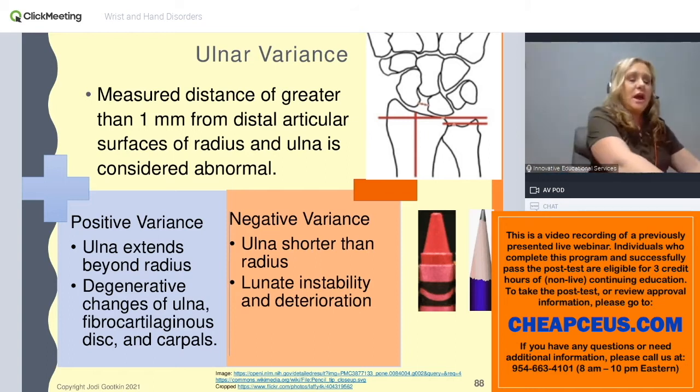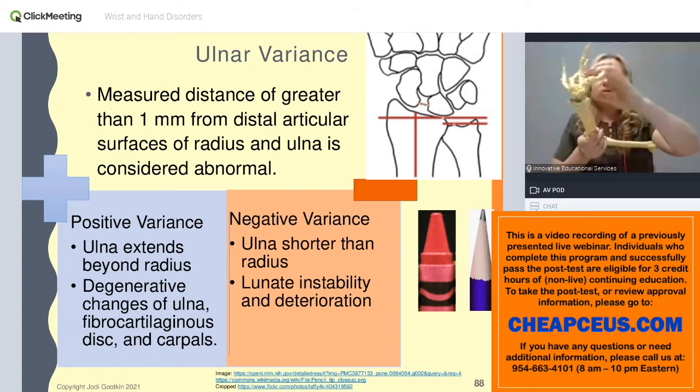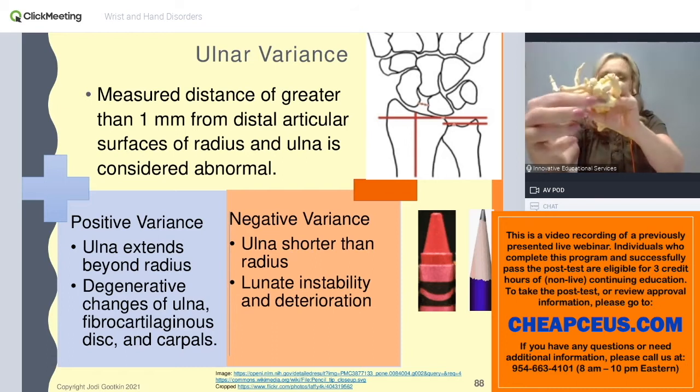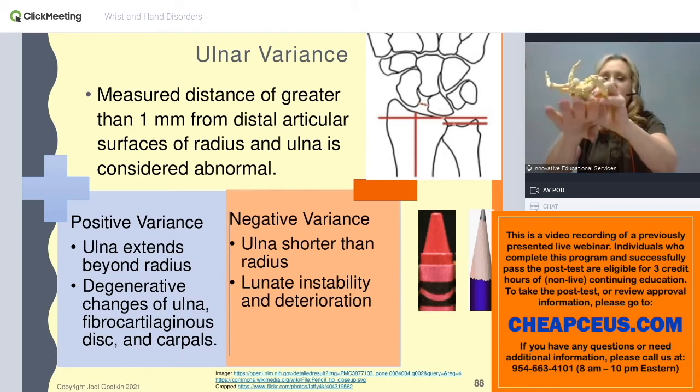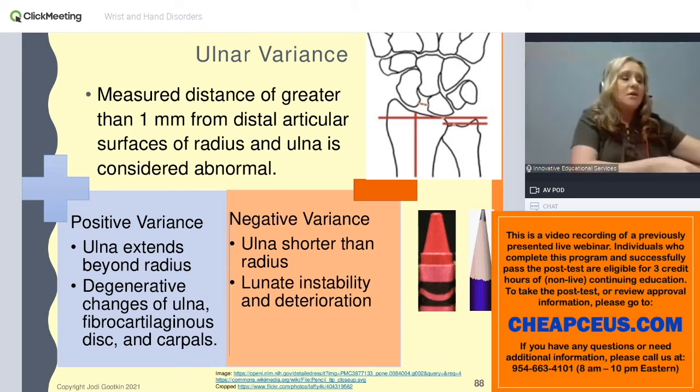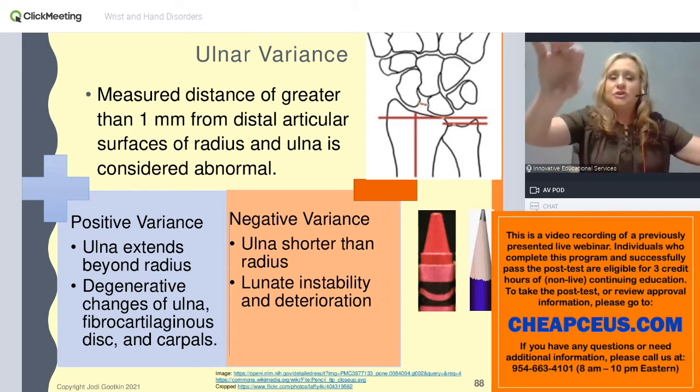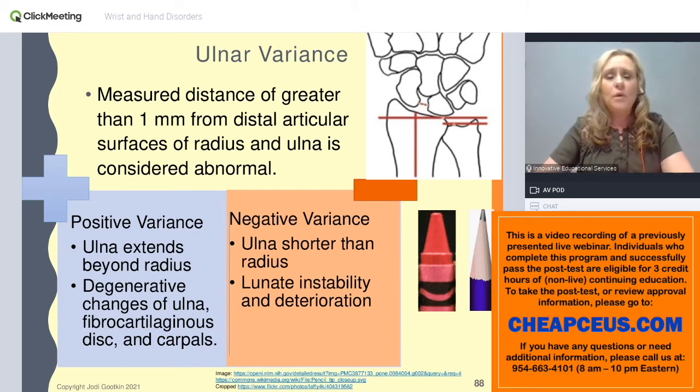When we look at our radius and our ulna and this alignment here, there needs to be a little bit of distance on the ulna side for that translation during pronation. When they measure this on X-ray, there should only be about a 1 millimeter difference between the distal end of the radius and the distal end of the ulna.